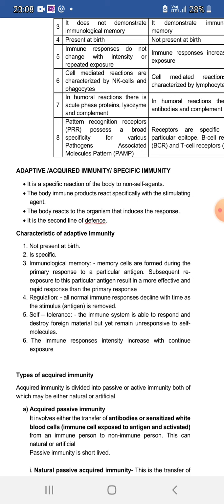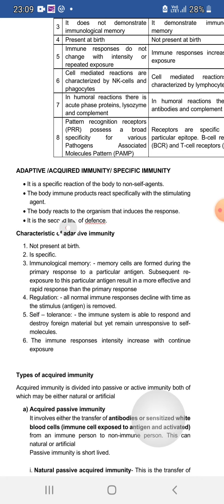We'll talk about antibodies, but remember, antibody is produced by the immune system against non-self. So this specific antibody will only act on bacteria A. So the body reacts to the organism that induces the response. That's what I've just explained.